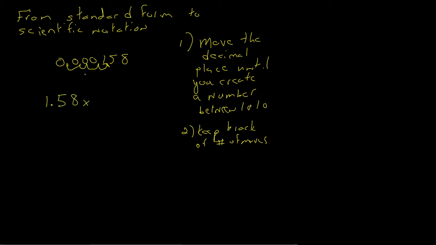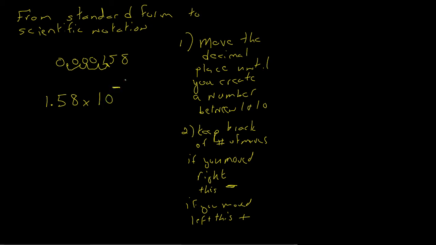Well, if you moved right, this is negative. If you moved left, this is positive. So I moved right, 1, 2, 3, 4. So that's 10 to the negative 4th.